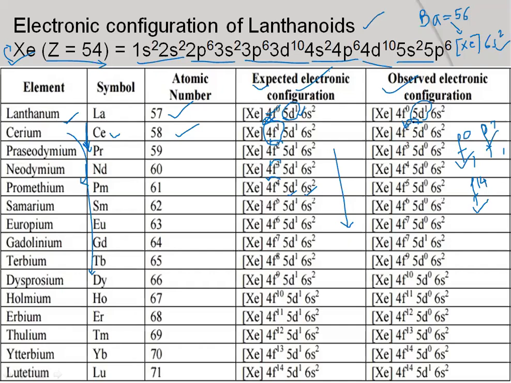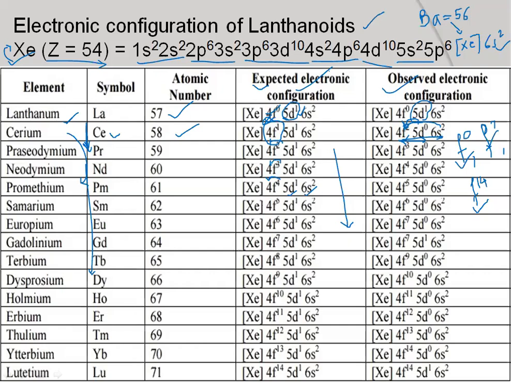An electron can jump from one orbital to another only when the energy difference between the two orbitals is very low. In this case, the electron can't jump from 6s orbital to 4f orbital because the energy difference between 4f and 6s is very high.